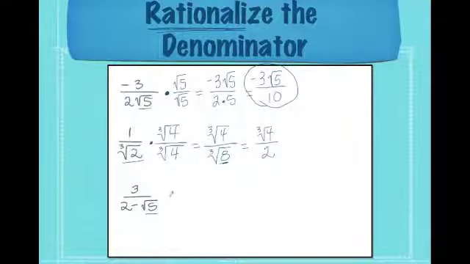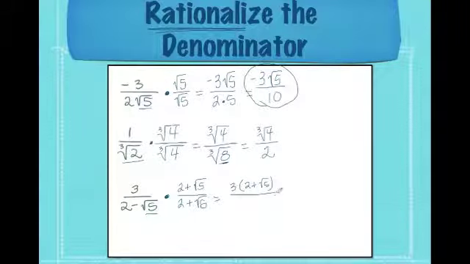When you have a binomial in the denominator that needs rationalization, if you multiply by the conjugate, that middle term cancels out and you get a rational answer. So in the top, I'm using the distributive property. I'll write it out for you. And in the bottom, I'm going to use FOIL.